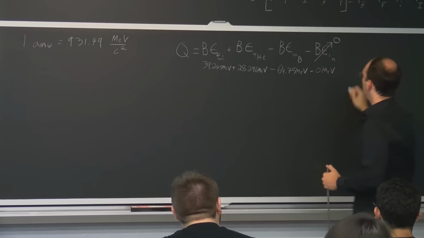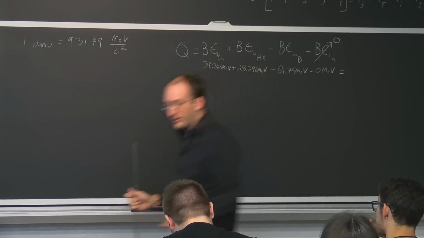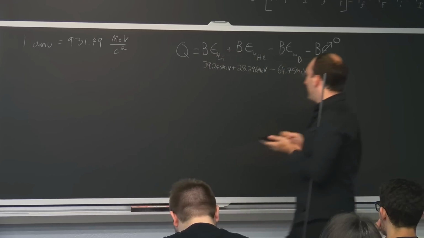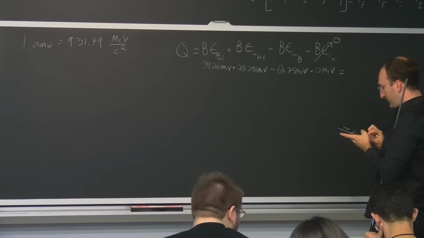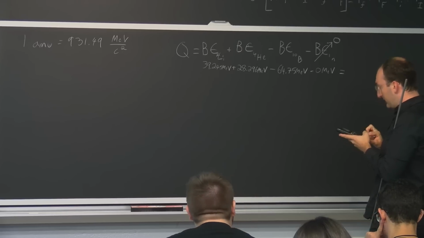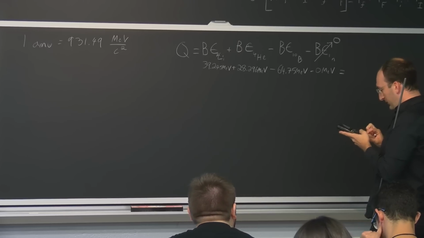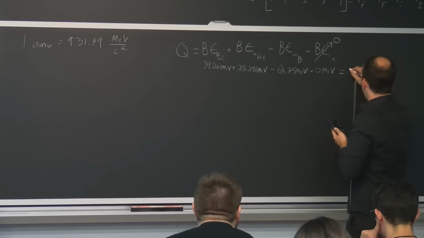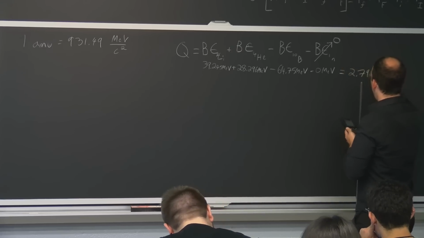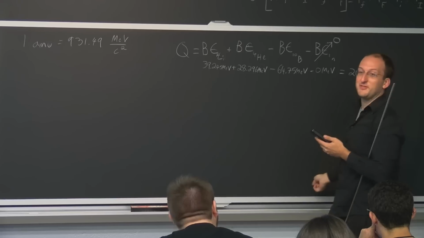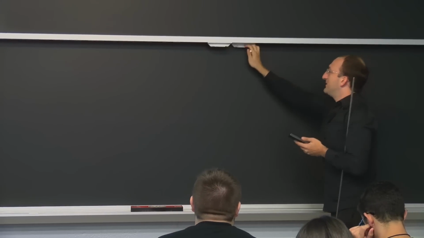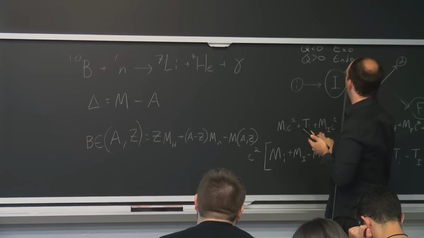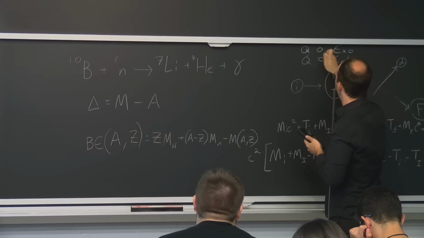Let's calculate this out and figure what we get. And again, I can't do 6 digits in my head, but I'll do it as fast as I can here. 39.245 plus 28.296 minus 64.75. Indeed, 2.79 MeV. I had it right the first time, so good. Shouldn't second guess myself.